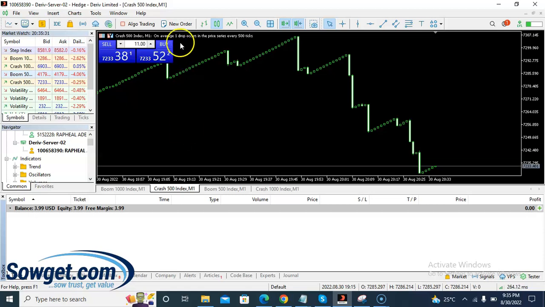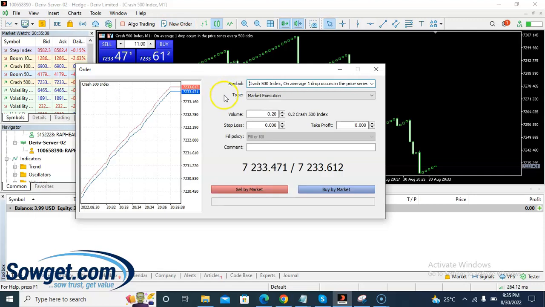So what do I mean by that? The lot size that you can use to trade on any boom or crash indices on Deriv is between 0.2 to 50. It's also known as the volume. So between 0.2 to 50.